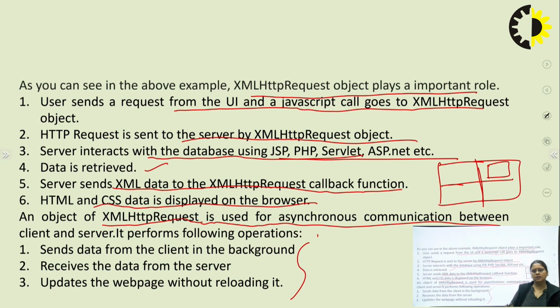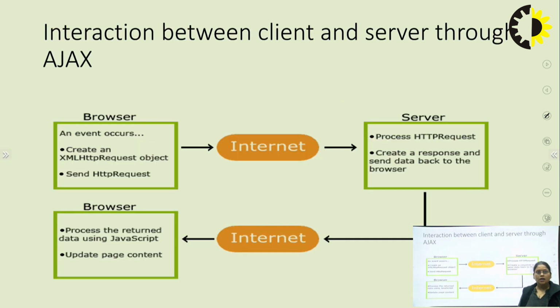So we just see the content which is coming from the server, and it will update the page without reloading the whole page. This is one of the major advantages of using Ajax technology. So this is the process of how we can interact between the client and server through Ajax technology.